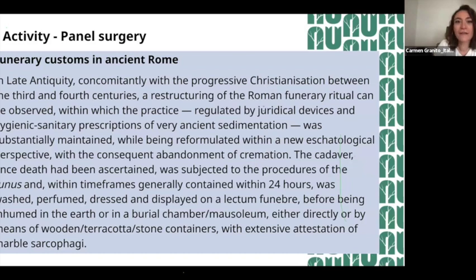And death is obviously a keyword here. We are talking about funerary customs in ancient Rome, but that title, as it is now, is not going to be very interesting for a lot of people.